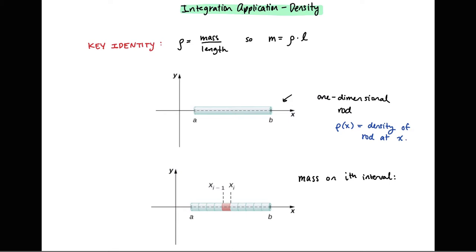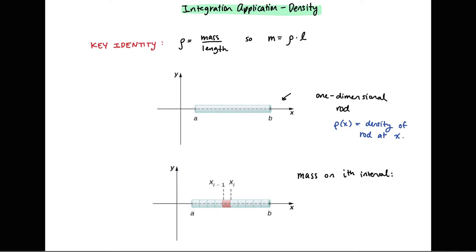Okay, the mass on the ith interval is going to be the product of the density, and we'll consider it like the average density value, times the length, delta x, which is equal to x sub i minus x sub i minus 1.